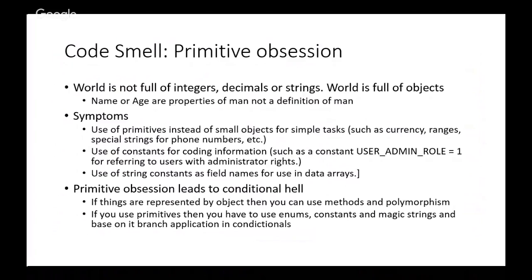With objects with properties, you can attach the code to them. When you are sending just primitives, you have no place to hook this method, so it leads to switches, ifs, and so on. And this conditional hell repeats all around the code.